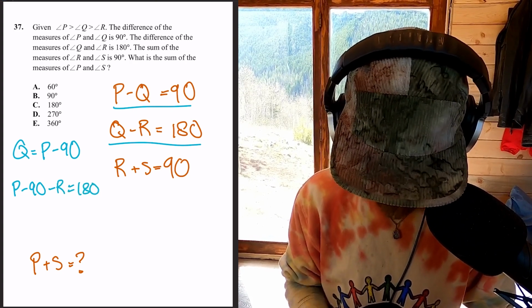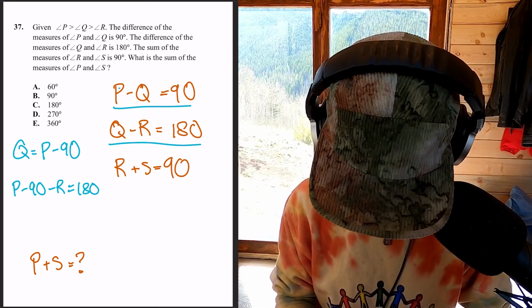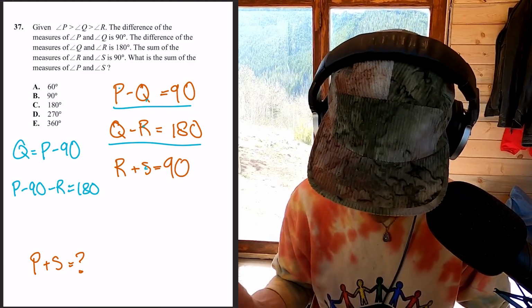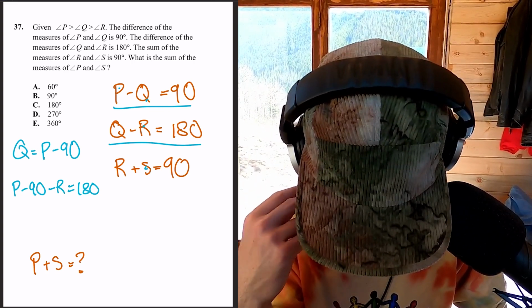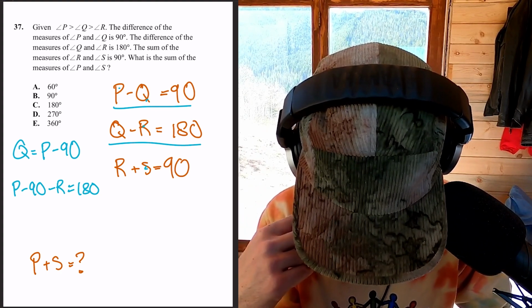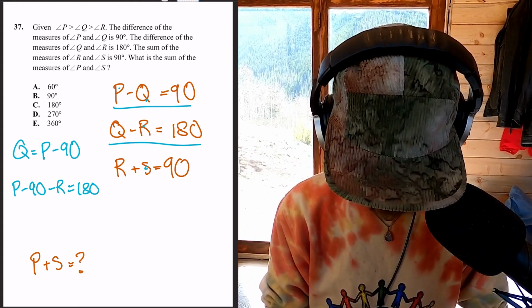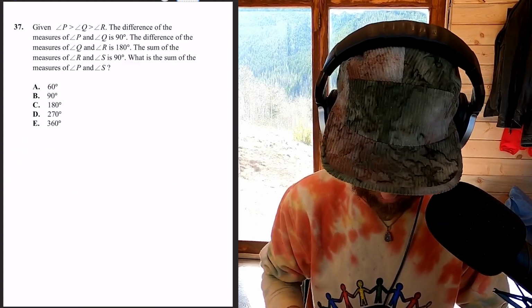Equals 180. And then R plus S. Wait, how many variables do we have? We have three. We have 4 unknowns. What is going on here? Oh, well, they do tell us the order of them. This is interesting. Okay, I think I'm going to do some erasing here. I never erase, but I think I just misinterpreted this problem.